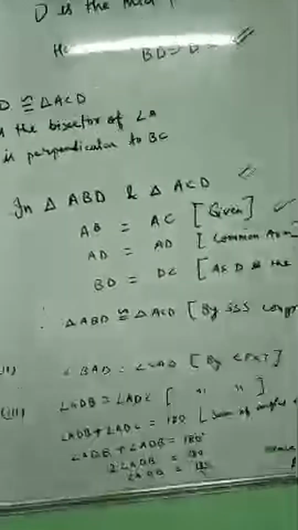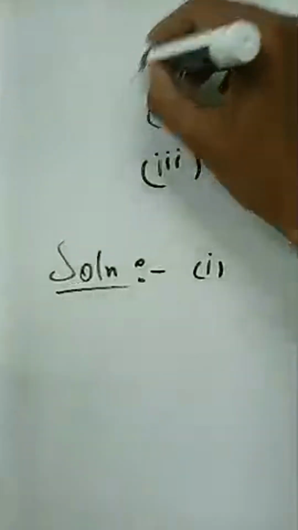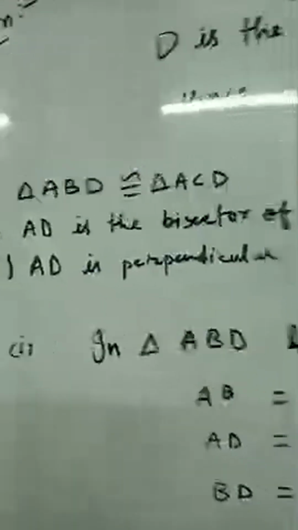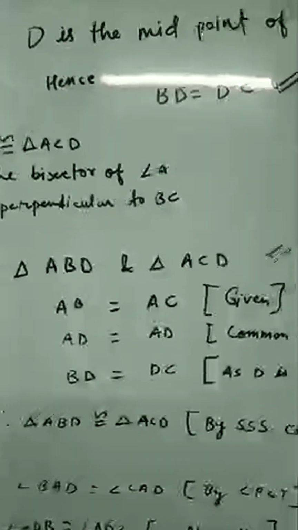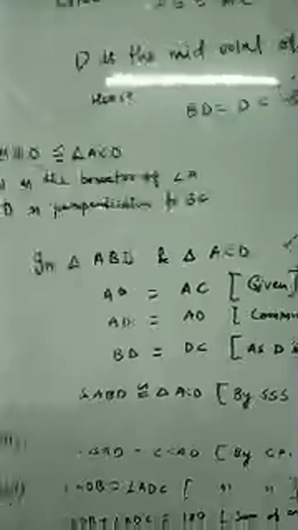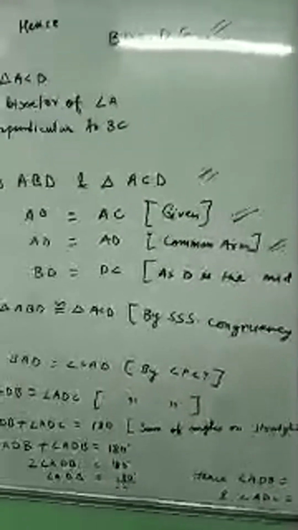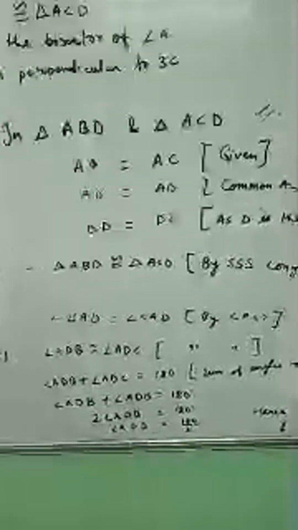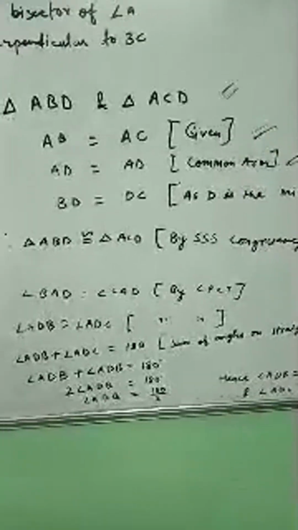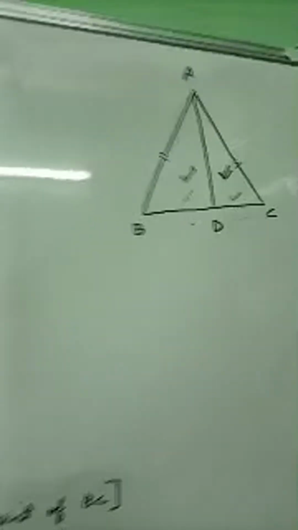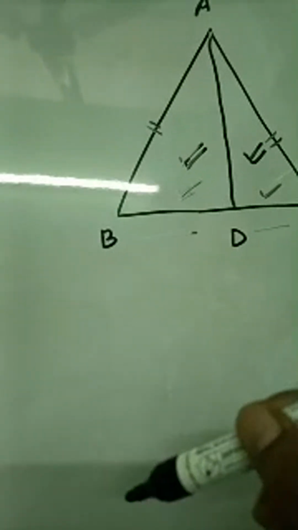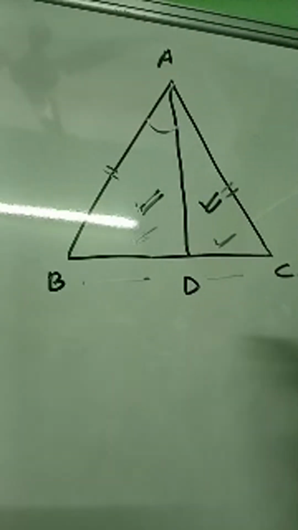The second part of this question: congruency we have shown. Now AD is the bisector of angle A. So for that, as both the triangles are congruent, we can write angle BAD is equal to angle CAD. I am showing in the diagram, angle BAD means this angle will be equal to angle CAD, this angle.